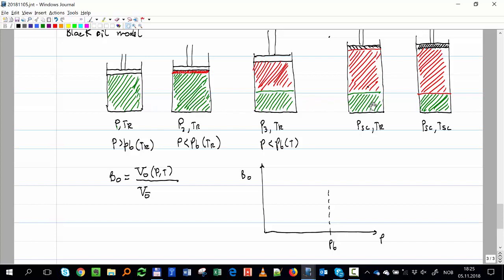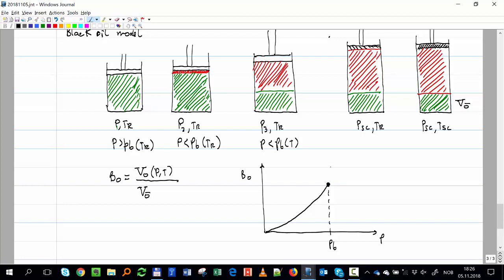So you're always losing oil, always reducing the volume of oil. This one will be reduced, going down, and this one is always the same number. So you're dividing something that with pressure is becoming smaller and smaller. Therefore, this gives you this behavior.